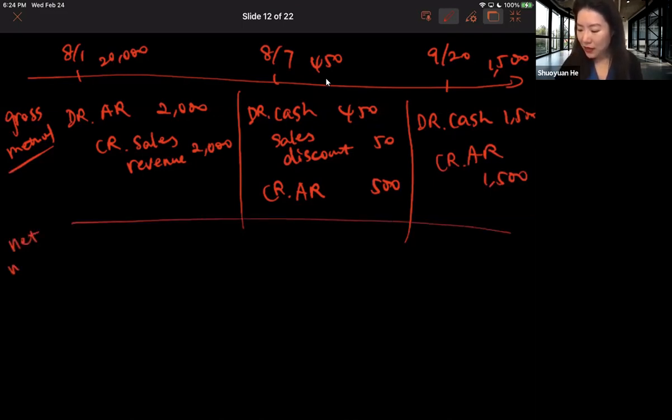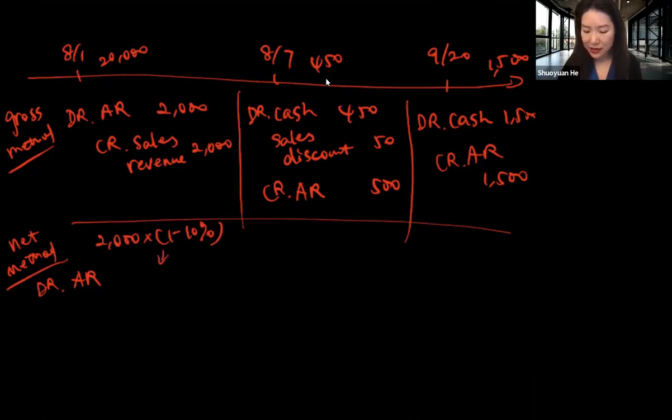And how about under the net method? Under the net method, my original assumption is the customer will take the discount. So I debit accounts receivable for 2,000 multiplied by 1 minus 10% discount.